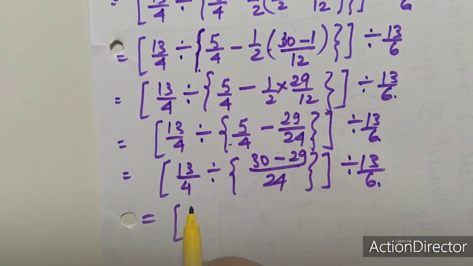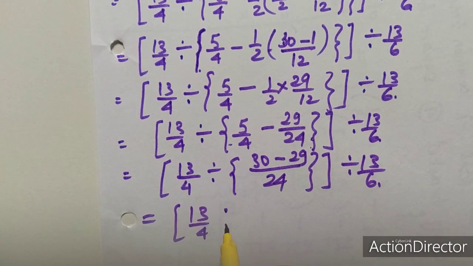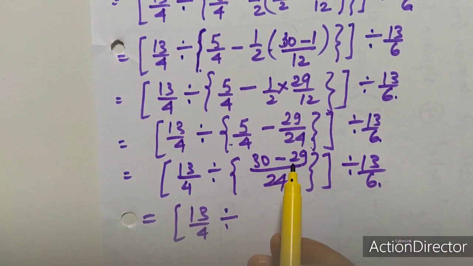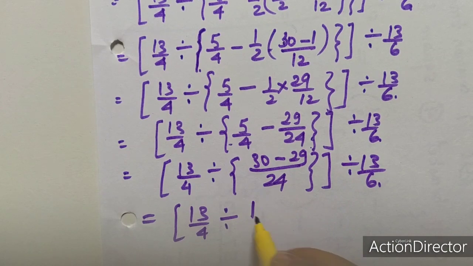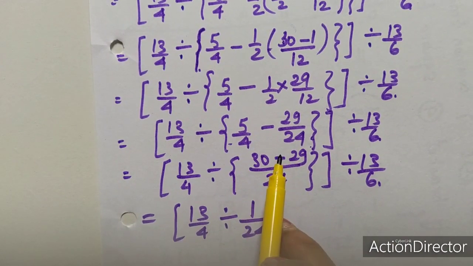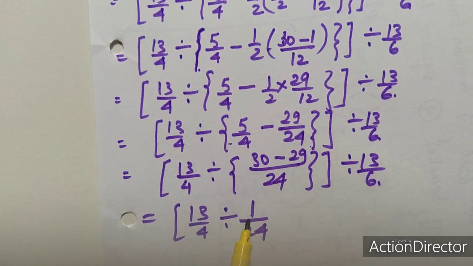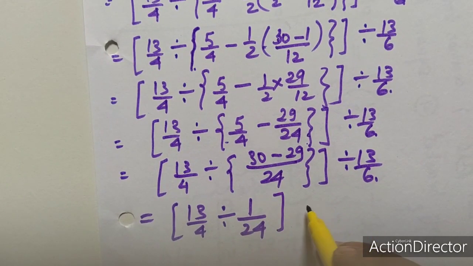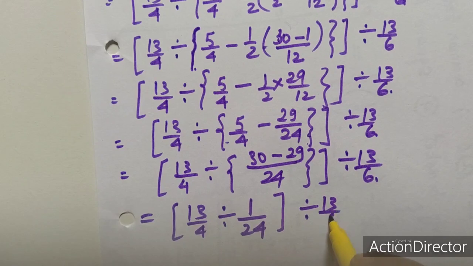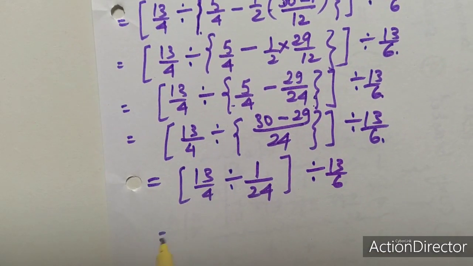Then again 13 by 4 divided by, when you subtract 29 from 30, it is 1 by 24. Again don't use the curly bracket because you are going to simplify and you simplified it as 1. Then again copy down as it is. Now see, in the square bracket two terms are there.